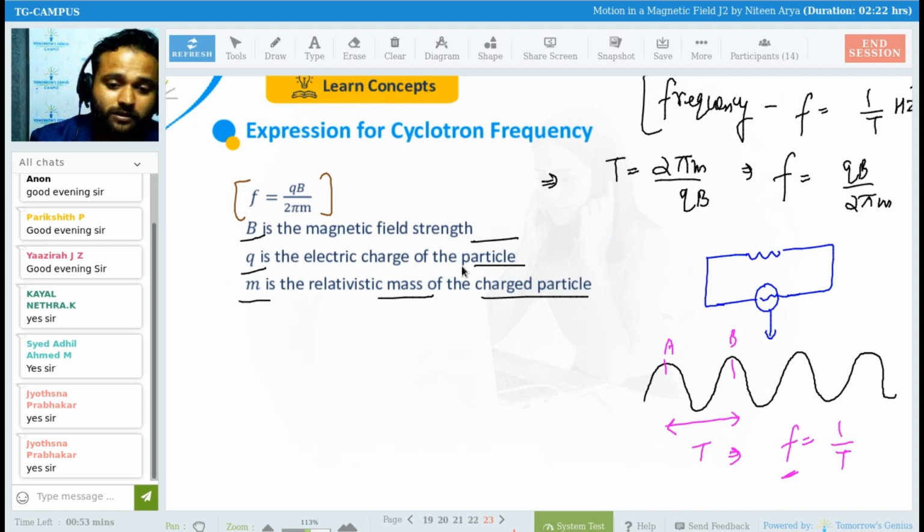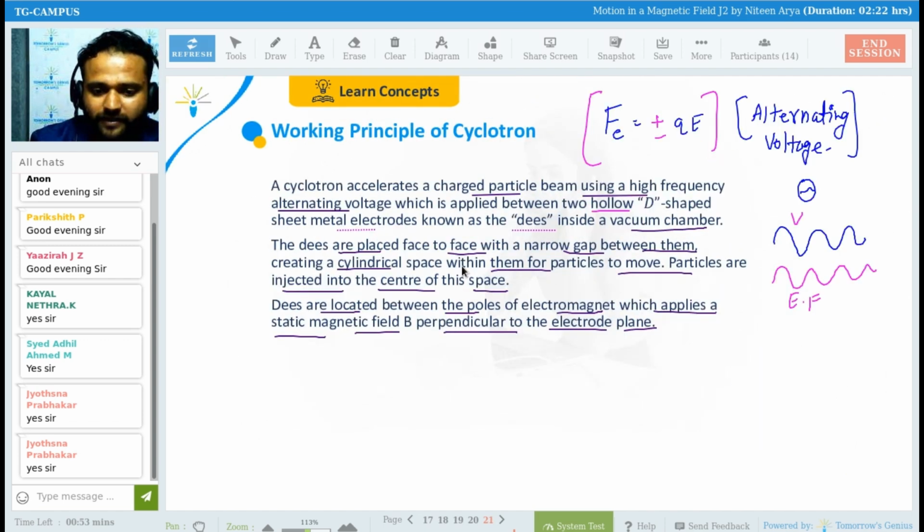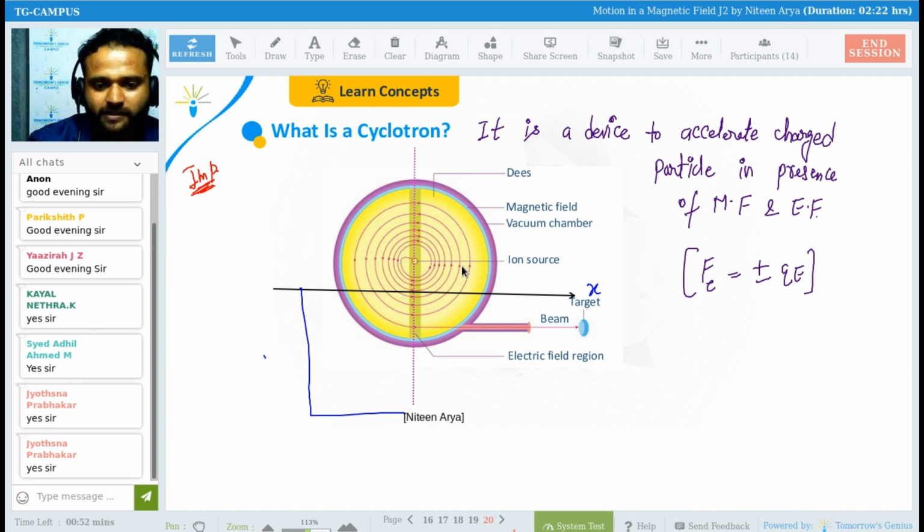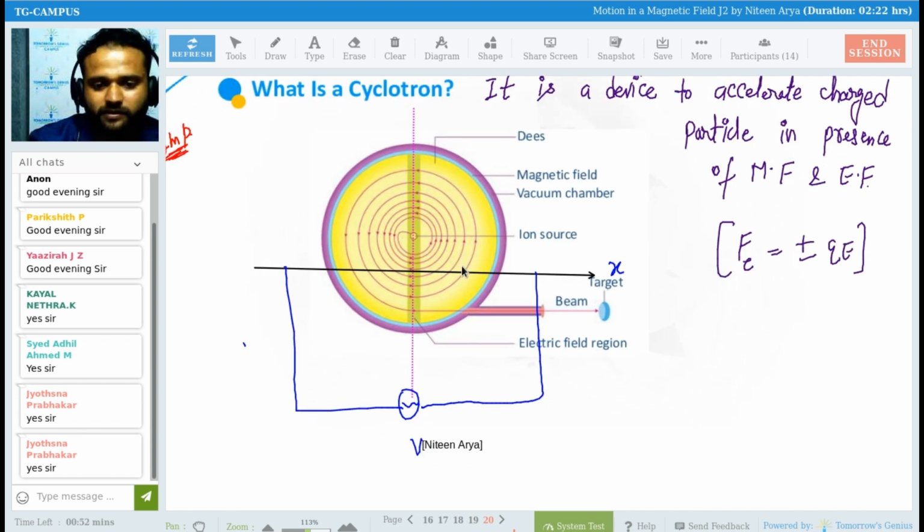Again I'm starting, what is happening here, what am I doing? Here we apply something, which is an alternating voltage, right? This is your alternating voltage. That can be V naught sine omega t.